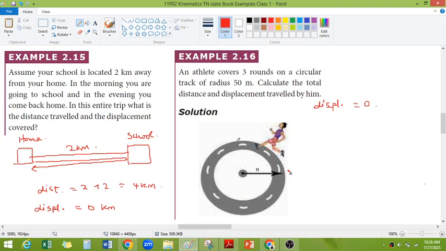Whereas distance you have to calculate using 2 pi r. They say 3 rounds, so 3 into 2 pi r, r is 50 meters. So 2 into 50 is 100, 100 into 3 is 300. So 300 pi.